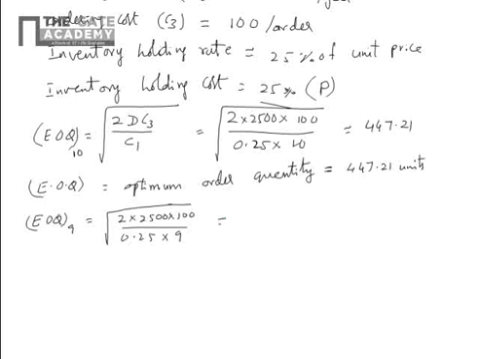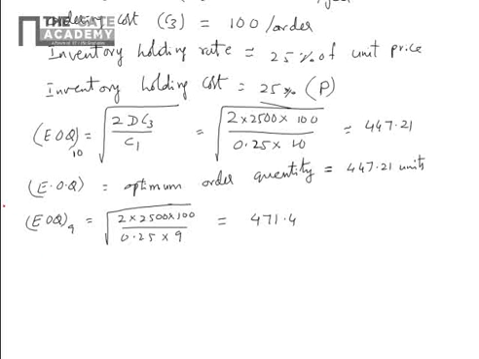Then you will get 471.4, which contradicts the order quantity condition. It is less than 500 but the given range is 500, so it is not the economic order quantity.